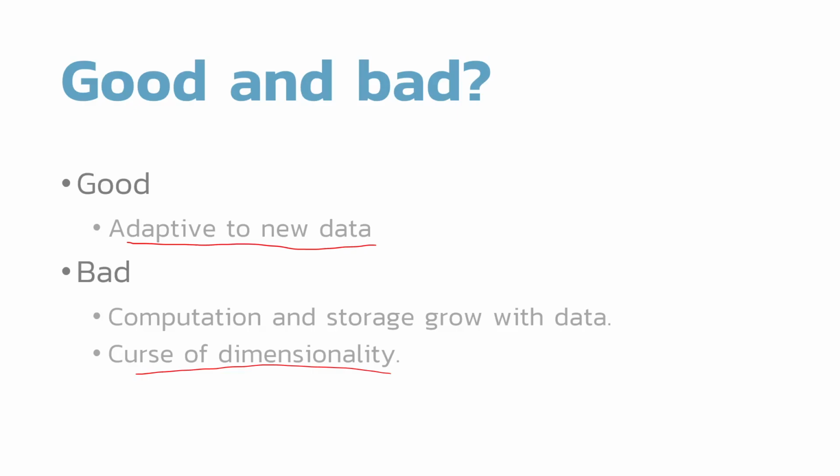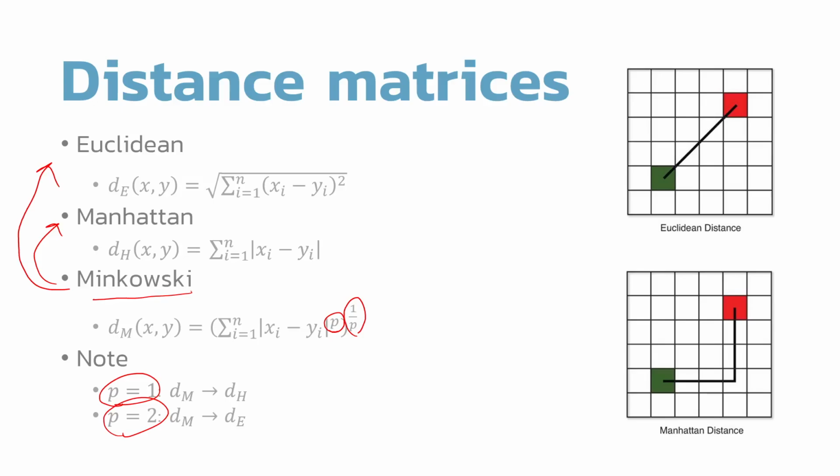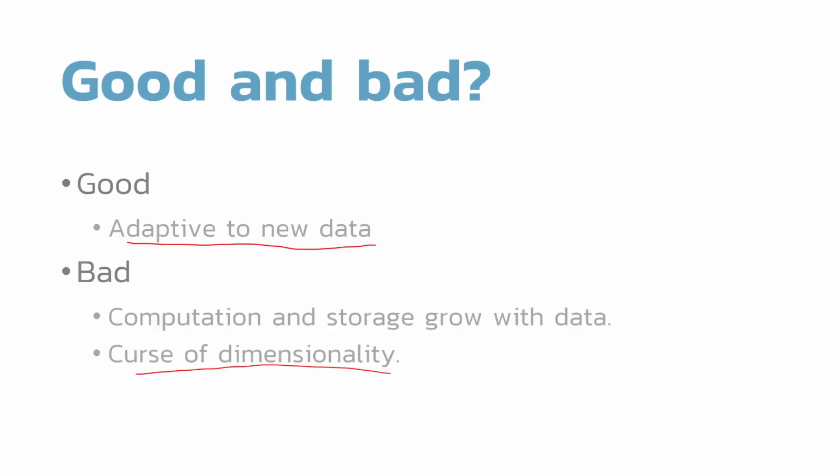Once your data increases in dimensions, the way the distance metric works tends to clutter things together, and it tends to be more and more difficult to classify in high-dimensional data. So KNN doesn't work very well once you have a lot of attributes.